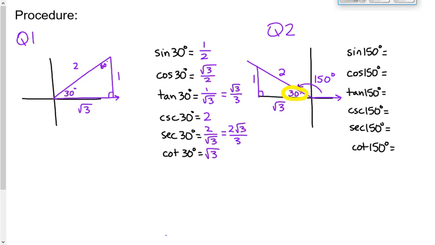So what I like to do is just put a negative on that side. That doesn't mean the length is negative, it just means that we have a negative direction, so we need to incorporate that into the exact value.